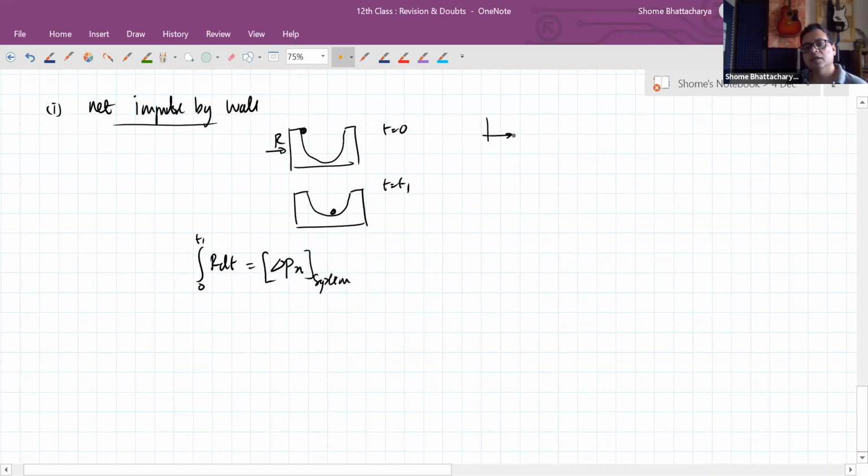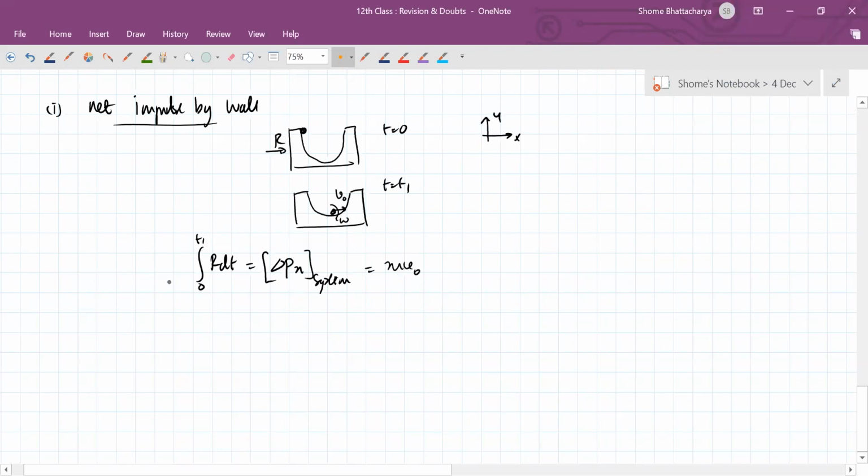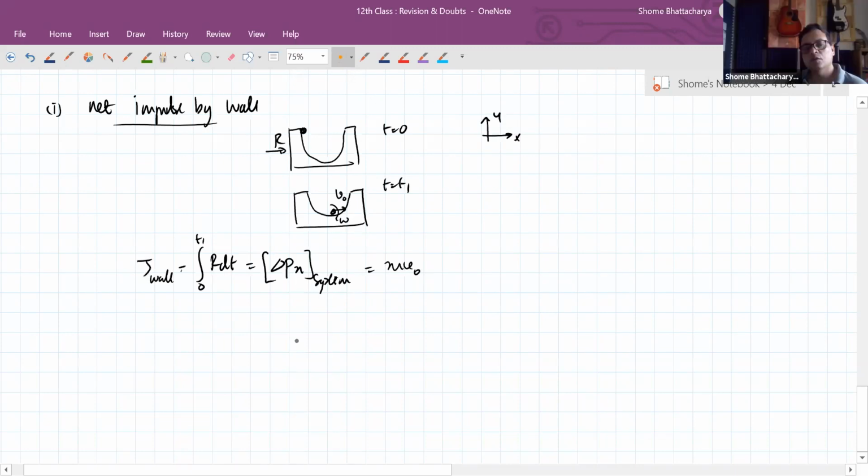Okay, if you take x as your horizontal direction and y, so this is equal to nothing but small m v naught. So this is the impulse applied by the wall. So for this, we just have to calculate v naught.